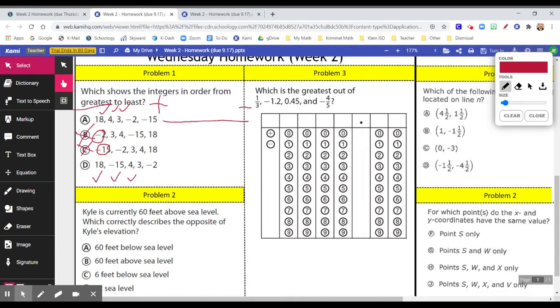This is jumping up and down the number line, so we don't even really need to put them in order. We can see we don't go in order. But the largest negative number is going to be the least value, and the largest positive number is going to be the greatest value. Okay, so we're good there.